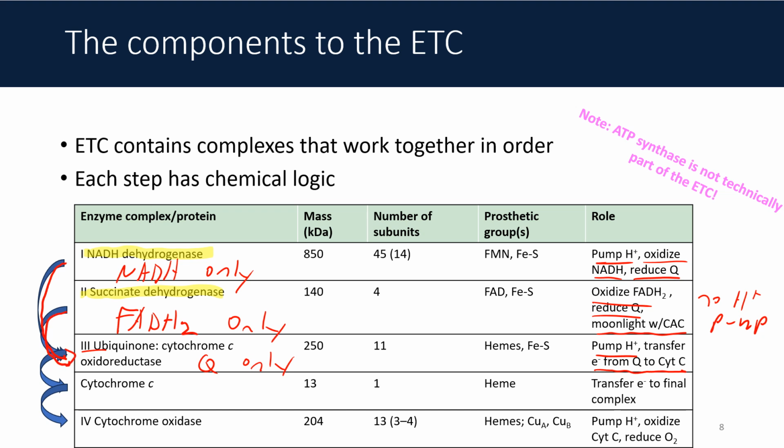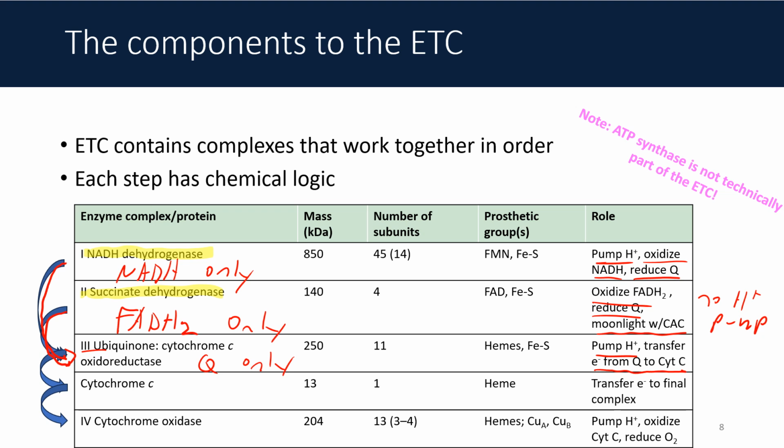I find that this is something that students often struggle with. You would think that electrons would hop from complex 1 to 2 to 3, but that's not the case. If I were to map out the electron flow as a schematic, it would look something like this.